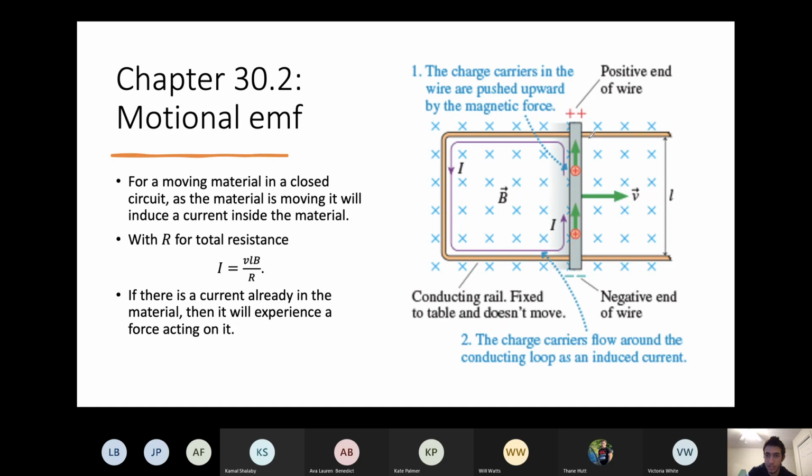Normally, you just keep moving up and get accumulated over here. They can't move anywhere. But then you put it on another conducting material.